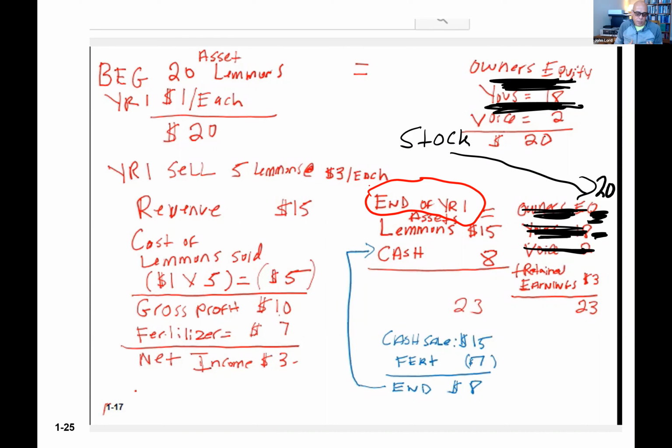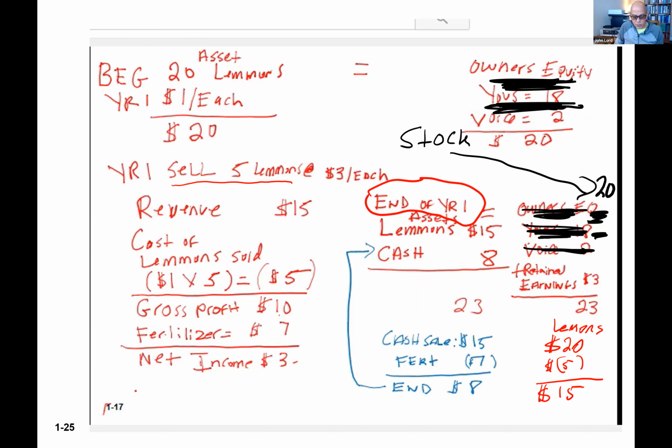So by the end of year one, remember, we started out with what? With the $20 of lemons. I'm just going to do the same thing with lemons that I did with the cash. So we had $20 of lemons, but we sold what? We sold 5 lemons. So we sold $5 worth of lemons. And so we were left with what? Because the lemons were $1 each, we ended up with $15 of lemons.